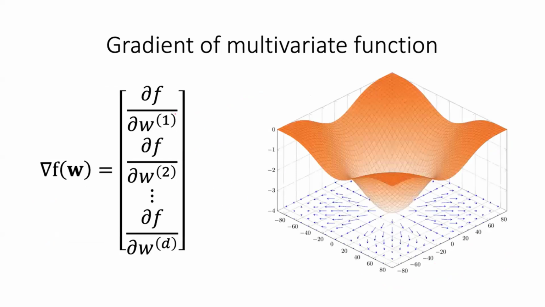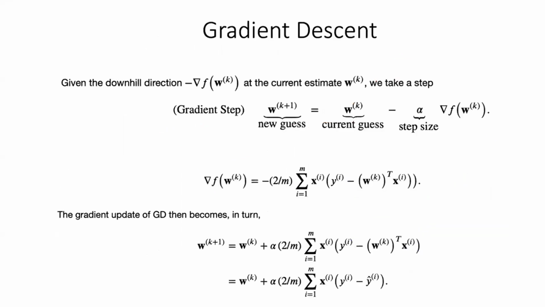So this is nothing but the change in the weight with respect to the function f of w, that is with w1, w2 up till w3. So this is for a multivariate function, this is the equation that we are finding out.